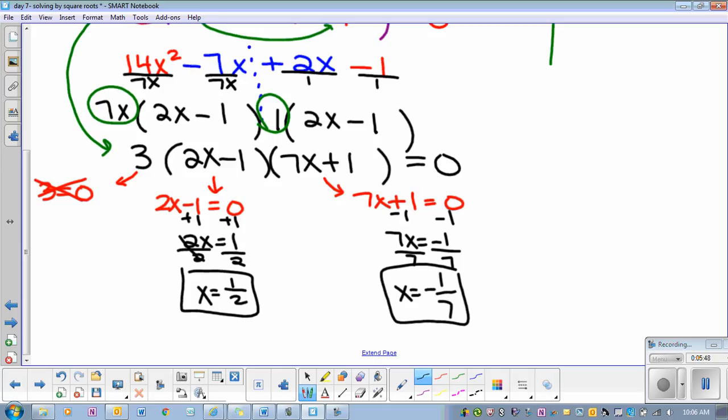And then the last step would be to put in a solution set, which, listen, I'm not going to mark you wrong if you don't, but it's just a good habit to get into now. Questions?